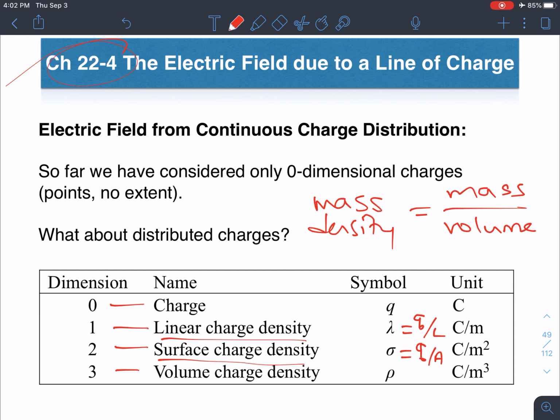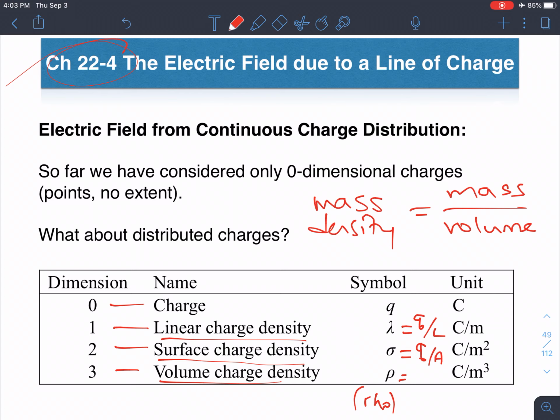Another one is in three dimensions, volume charge density, and it is represented by rho. This is rho. Most of you will say P. It's okay, it's just a Greek letter. It looks like a tilted P, I know that, but it is really rho. When I draw it, I do it this way.